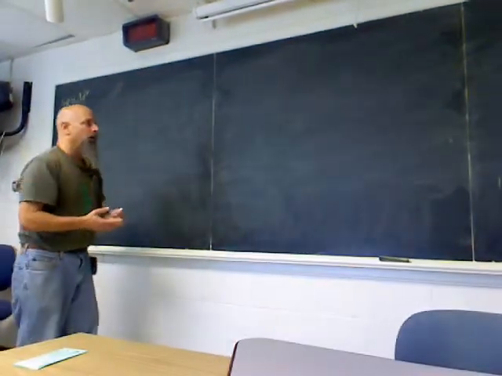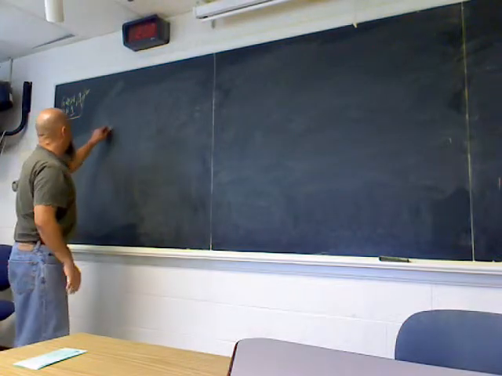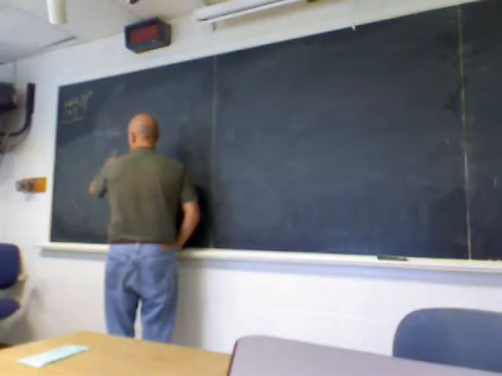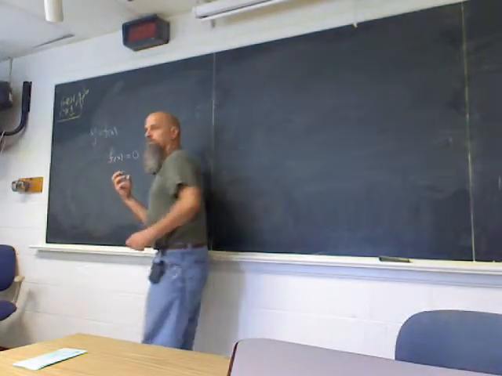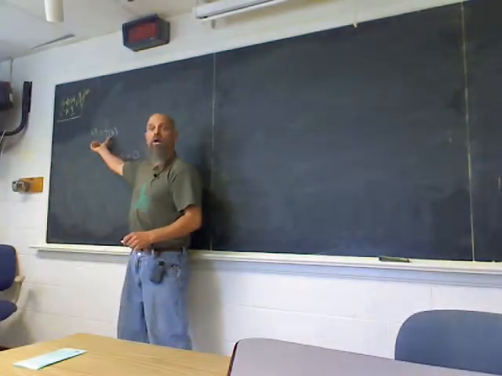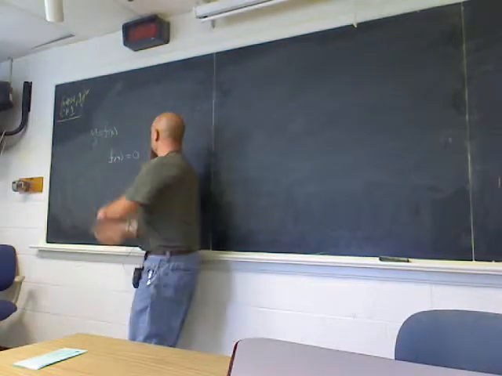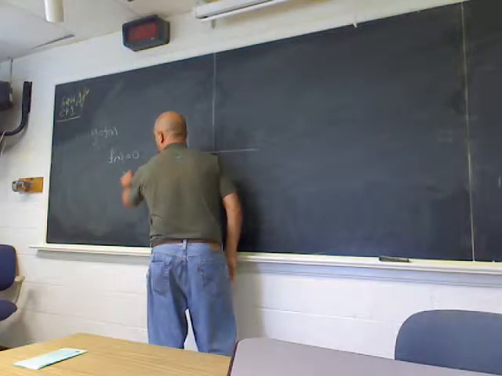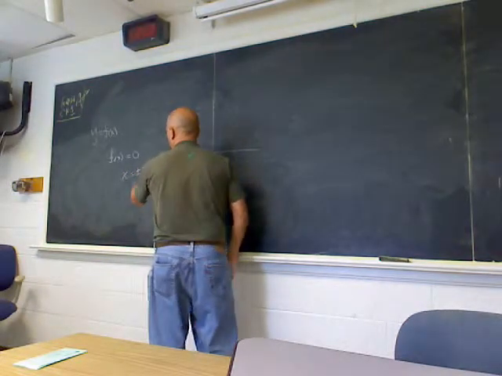So, let's just say we have f of x, this function. Notice, if I know where f of x is equal to 0, and I'm trying to sketch this graph, and let's say this happens at x equals plus or minus 3 and 4.